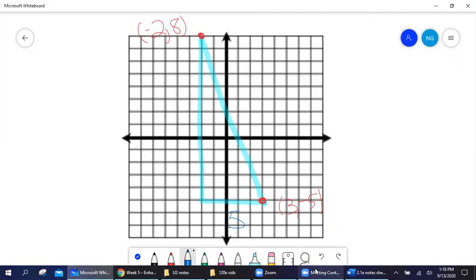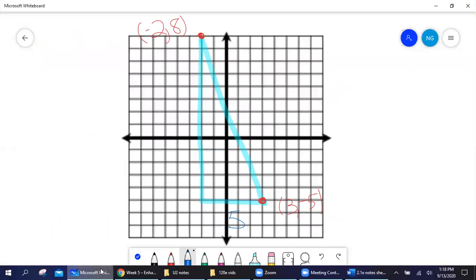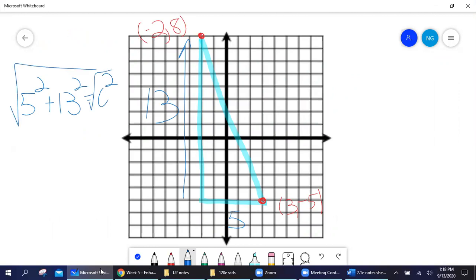That same 5, yeah, we had a negative, but who cares that we had a negative because we squared it anyway to make it positive. The vertical was 13, we found out. If you count the amount of spaces bottom up, it is 13. So really, 5 squared plus 13 squared is c squared. We'd end up with the same thing when we took the square root to get c by itself, or the distance.